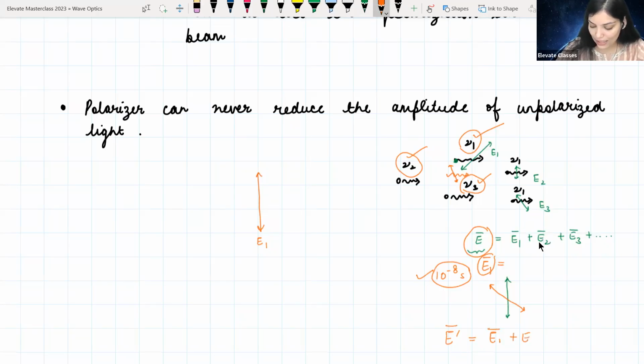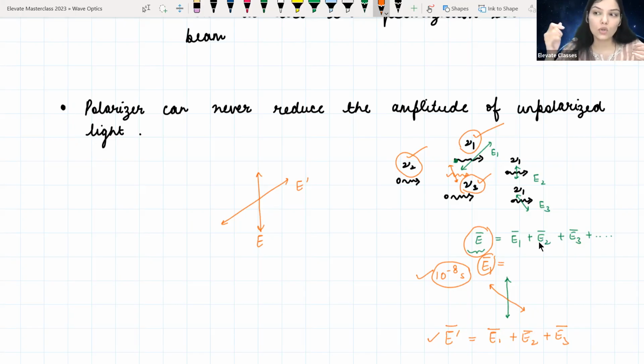Again I will do a summation of all these electric fields, and it will give me this new orientation, some E dash. This was some E. So if I notice how the total electric field, the summation electric field, varies, I'll see that over sufficient time it will oscillate in all possible planes.